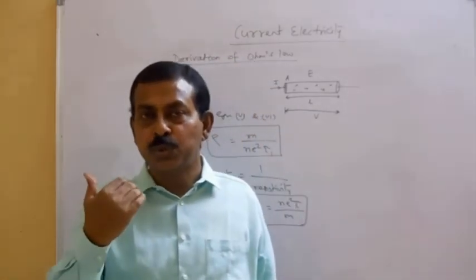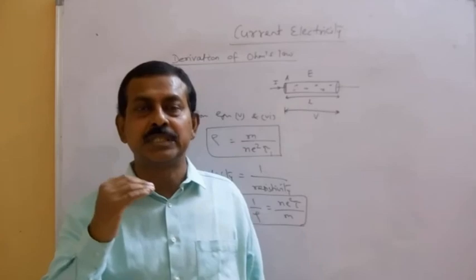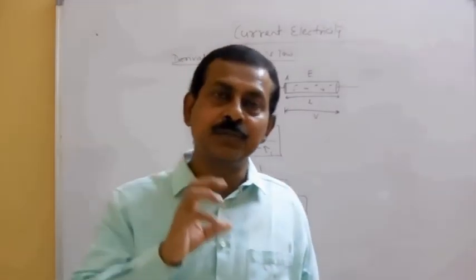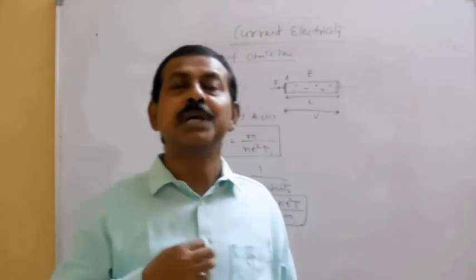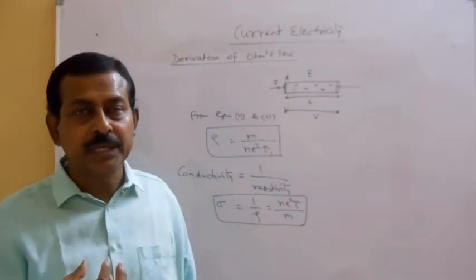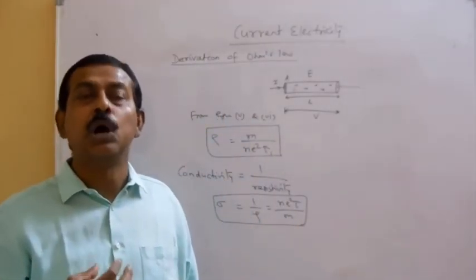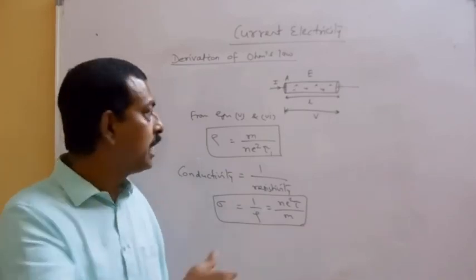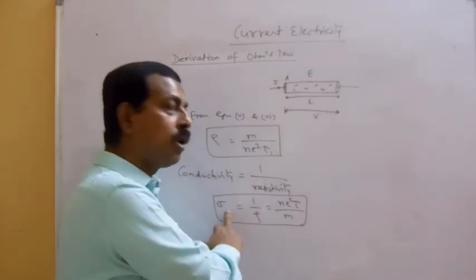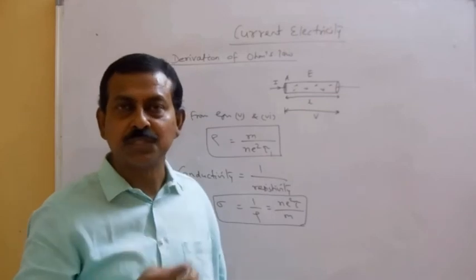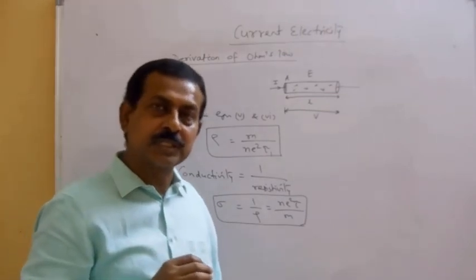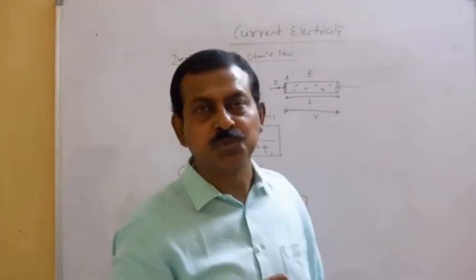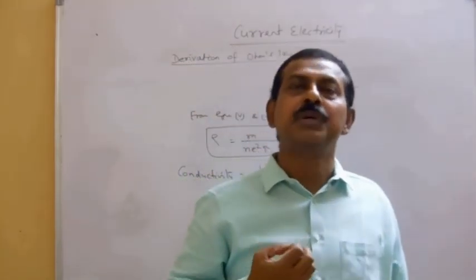So you can go up to the stage where we have shown the dependence of resistance on physical factors. Sometimes you may be asked to derive the expression for a specific resistance or conductivity. So you derive up to this stage or this, whichever has been asked in the question. So this was the discussion on the derivation of Ohm's law from the concept of relaxation time.